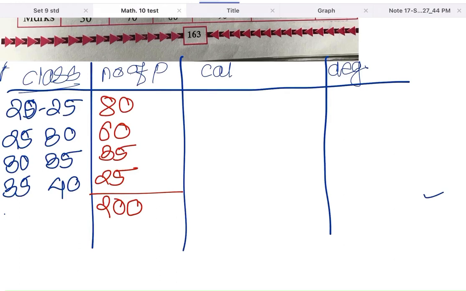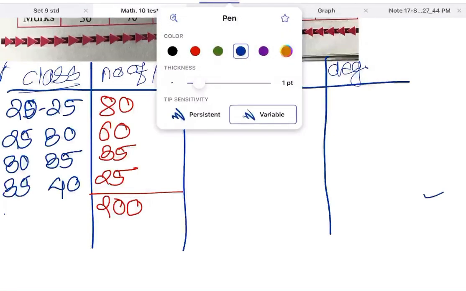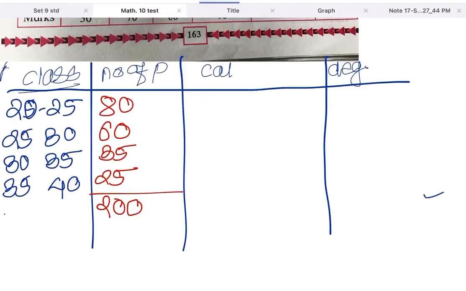Okay, next one. Now the main task is here. So apply the formula for it. Given data for the first observation, 80 is the given data, divided by total 200, multiplied by 360.